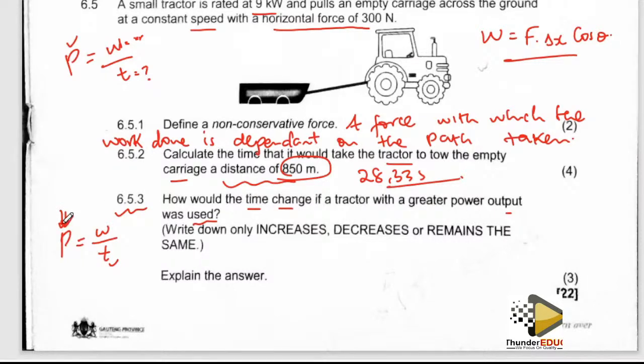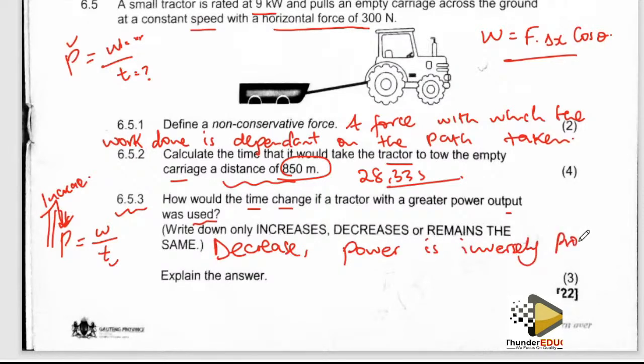Okay. So if the power increases, the time definitely has to decrease. I'm going to say decrease. And then what is the reason? We're saying that power is inversely proportional to the time.